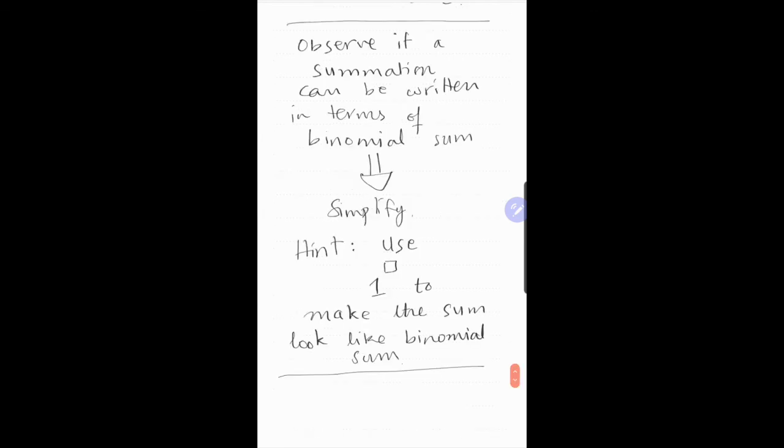Okay, and what is the hint? The hint is to use 1 to the power of anything to make the sum look like a binomial sum. A short set of examples in which we have done this.